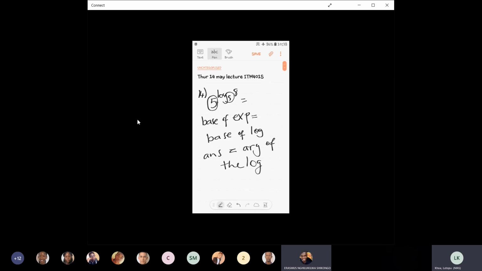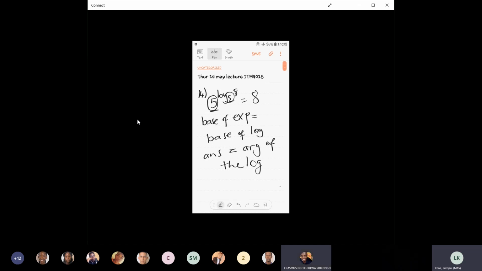So I have 5 here, the base of the exponent, and 5 is also the base of the logarithm. Then this is just equal to 8.